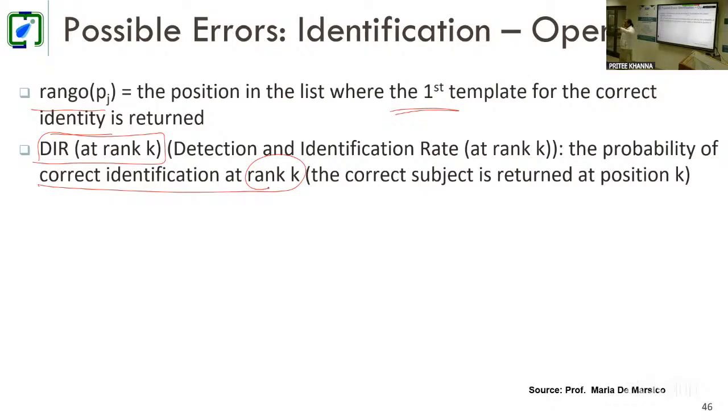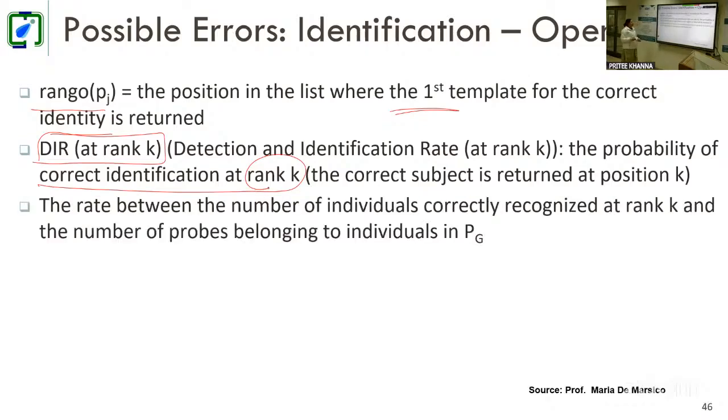First place, second place, third place, on which place? So we say, how are we going to do the detection and identification at rank A position? So it is the rate between the number of individuals which are correctly recognized at rank A and the number of probes which belong to individuals in the database.